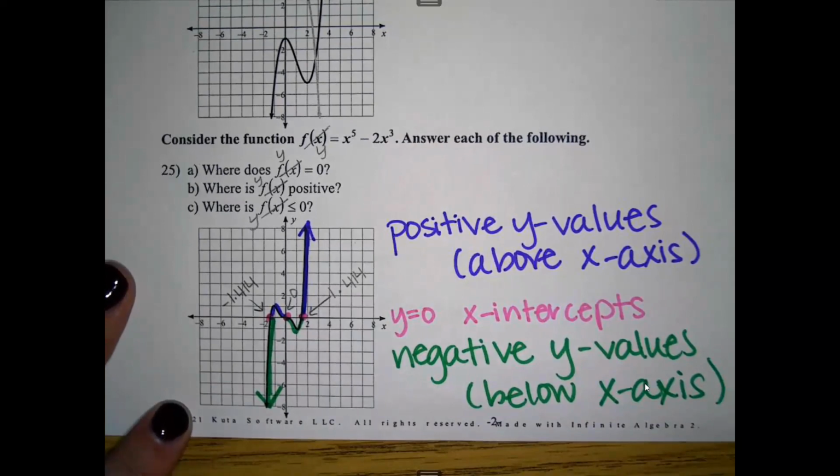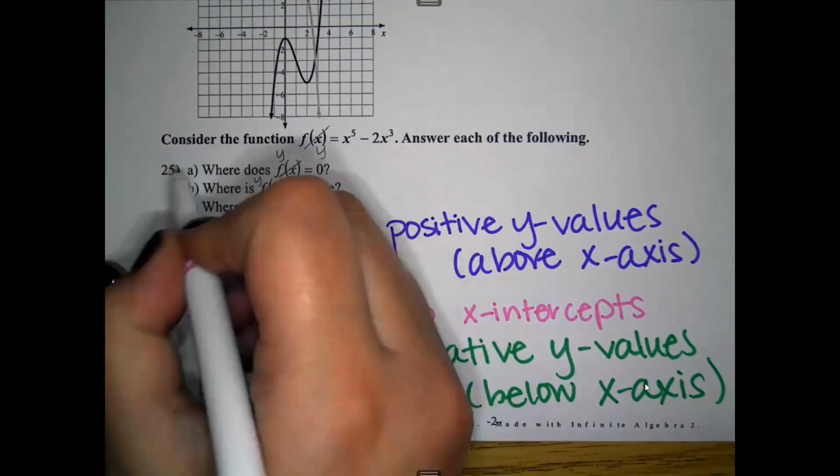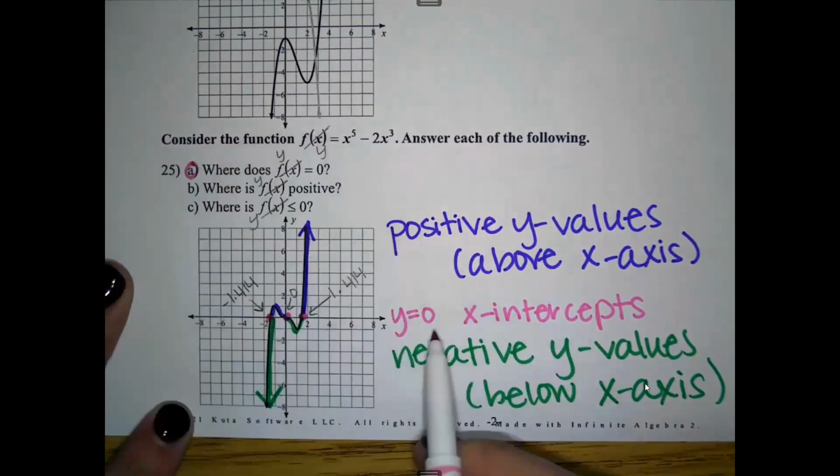So if we look at the picture, where does y equal 0? What are they called? Where does y equal 0? At the x-intercepts. So for part A, we're going to be using those points that we drew.